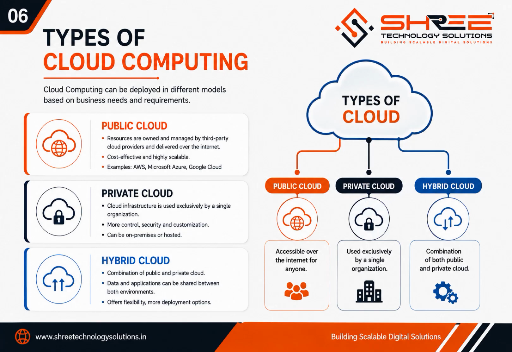In this model, cloud infrastructure is used exclusively by a single organization. It offers complete control, enhanced security, and customizability, and can be hosted on-premises or externally. Third, hybrid cloud. This combines both public and private clouds, allowing data and applications to be shared smoothly between them. It provides organizations with the ultimate flexibility and multiple deployment options.